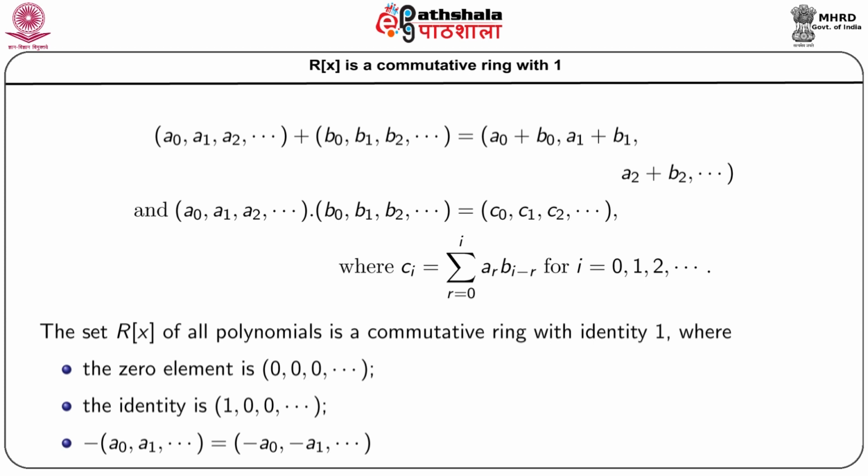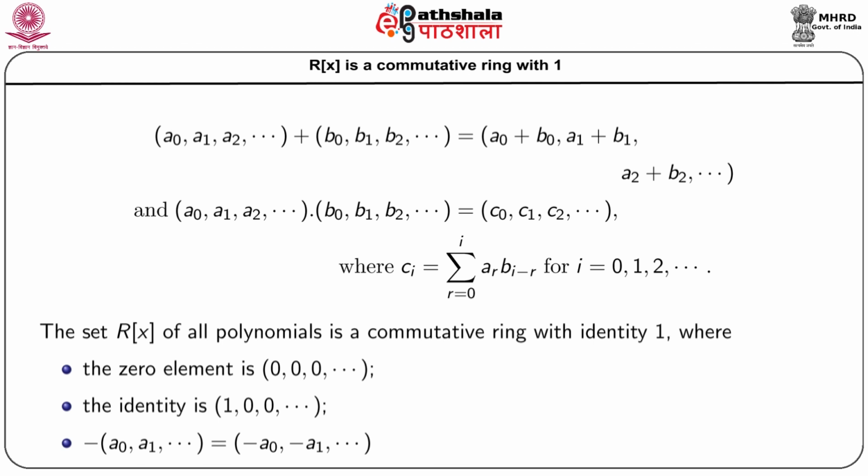That is, the addition is component wise, and the multiplication should be defined as this, where each Ci is obtained as a sum of the products of ai and bj. Thus, C0 becomes a0 into b0, whereas C1 becomes a0 into b1 plus a1 into b0 and so on.